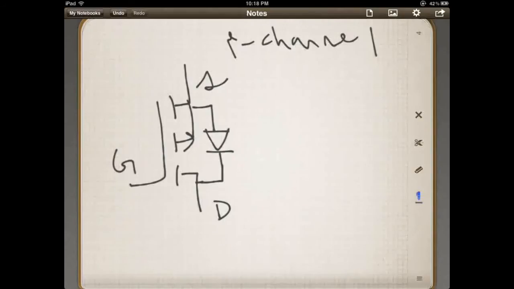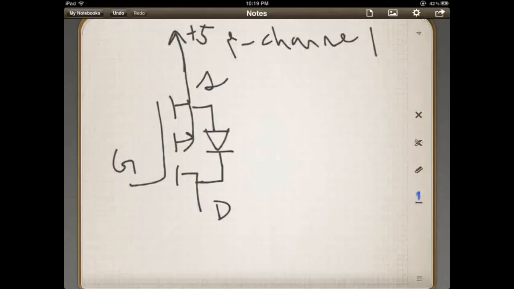Okay. So most of the time, if you're just using it as a switch, again, we're doing very basic, you're going to tie this to a high instead of a low. You're going to tie it to a 5. This is basically a high side switch. Okay, I forgot to mention that when we were talking about the other one. An N channel is considered like a low side switch, or switching a ground or the negative terminal.